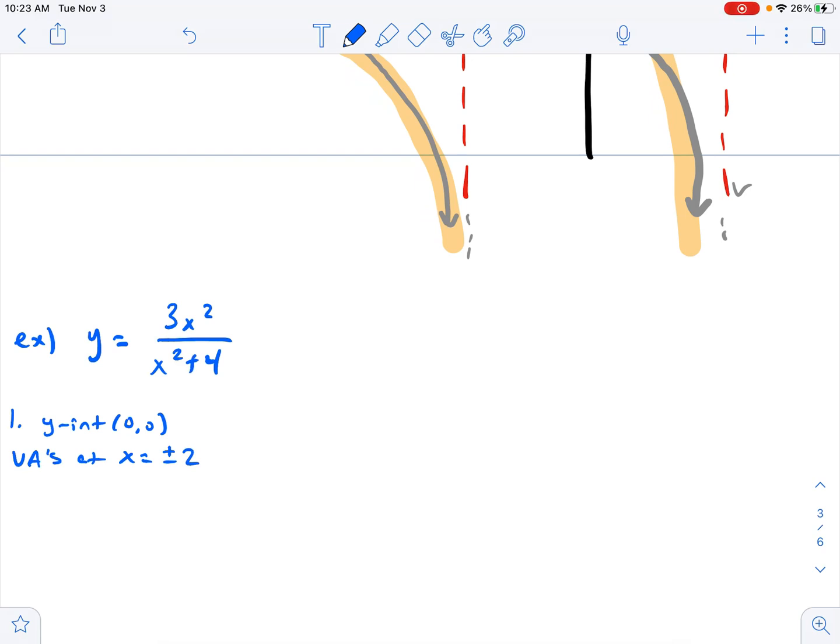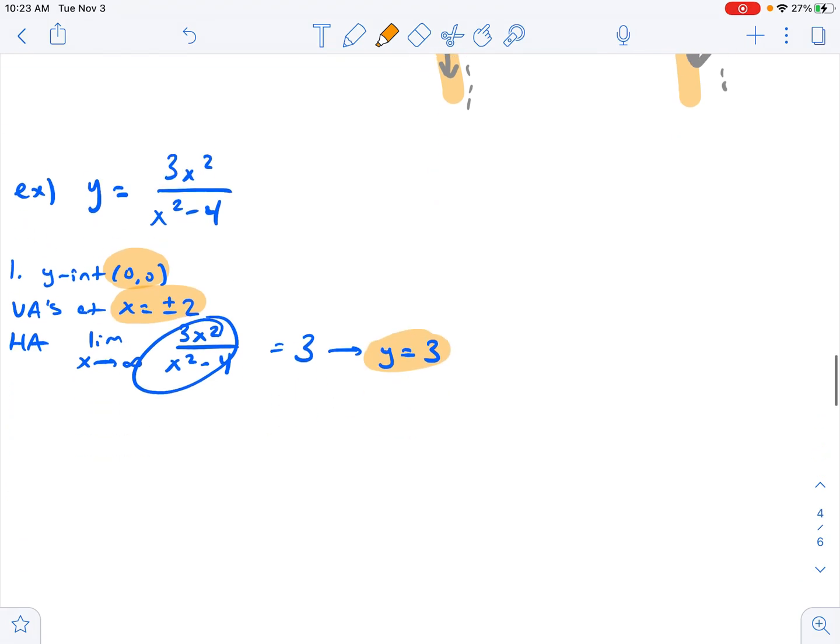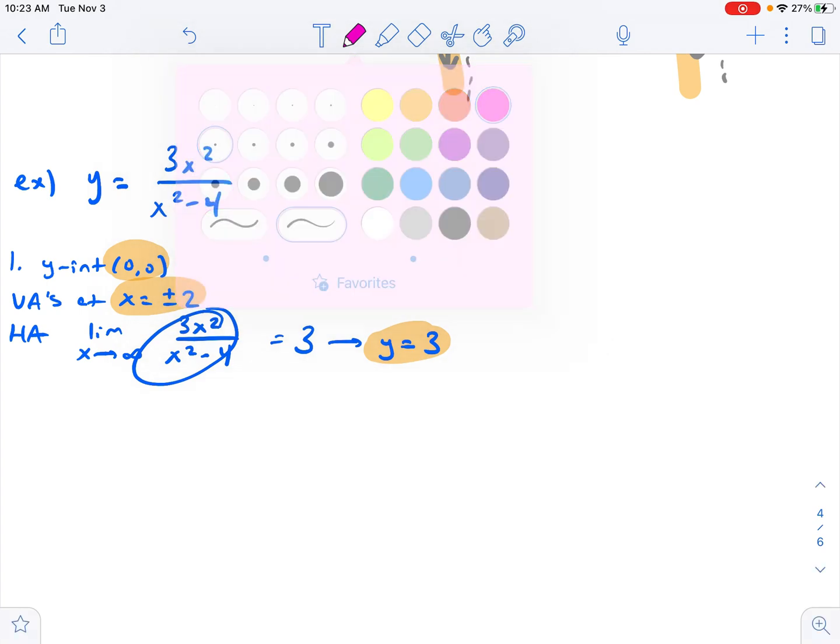If that was a plus 4, by the way, that would never equal 0. There would be no asymptotes. Okay, so just be careful. And then the horizontal asymptote, I'll look at the limit as x approaches infinity. And same highest power on top and bottom gives us a horizontal asymptote along the line y equals 3 here. Okay, so I got that, I got my asymptotes, and I got that guy there.